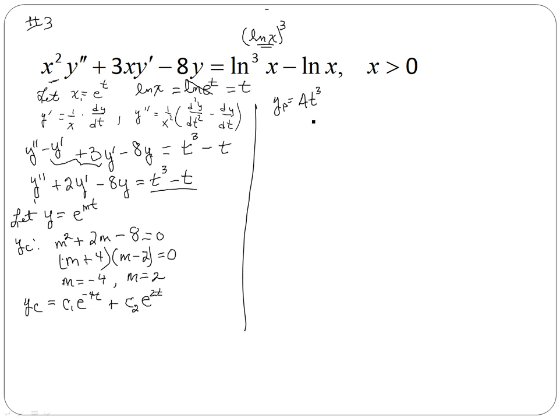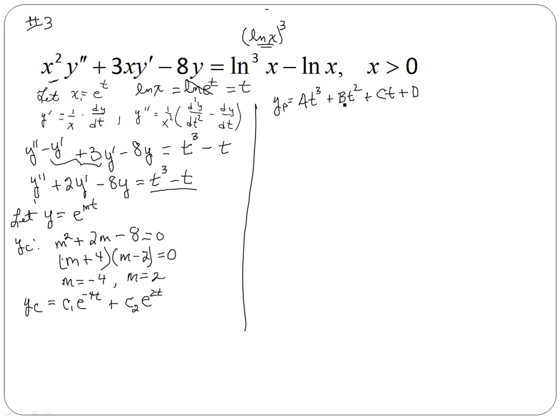And we need to let our particular function be a third degree term. And so we need all those terms lower than a third degree, going down to the constant term. And we'll substitute into this differential equation and then solve for a, b, c, and d.